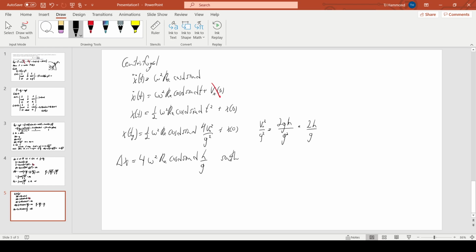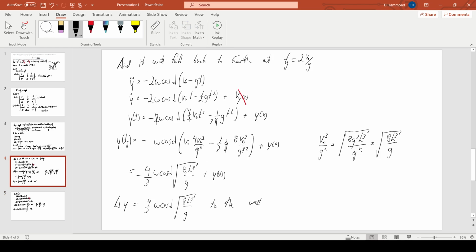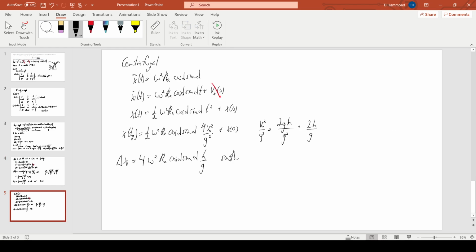So if you look at this, this is due to Coriolis, and this is due to centrifugal. You can see that they have varying contributions, but they don't actually have the exact same form.